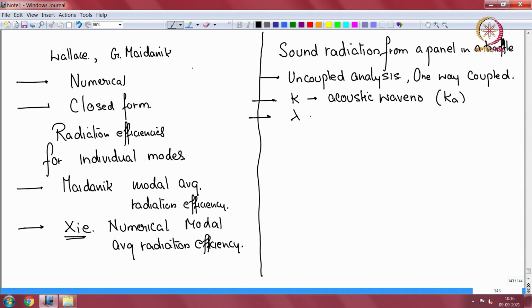Similarly, I use lambda for the acoustic wavelength, and I could use lambda with a subscript A. Then for medium density, which is mostly air, I use rho or rho 0, the mean fluid density.